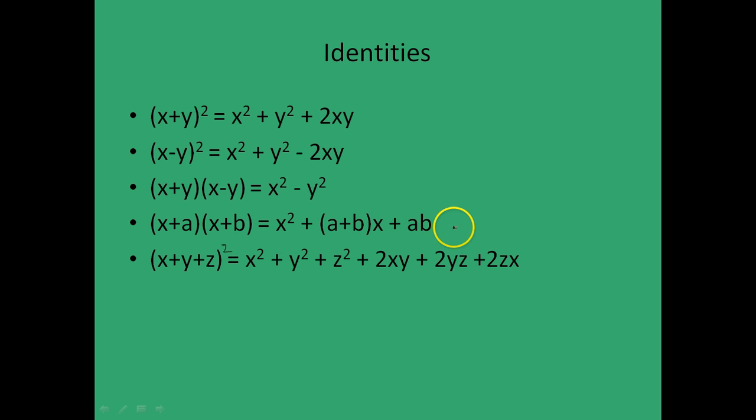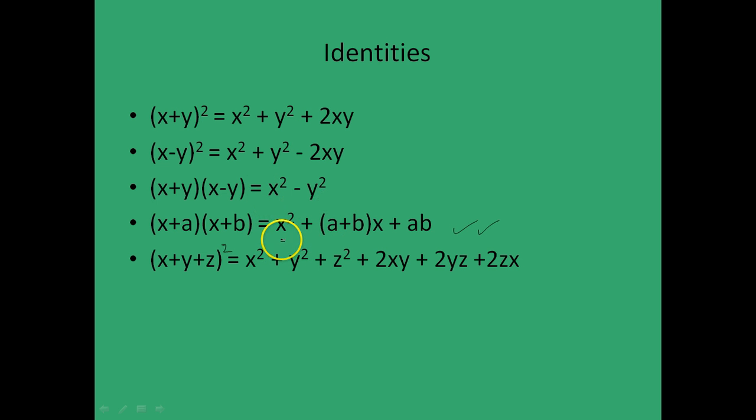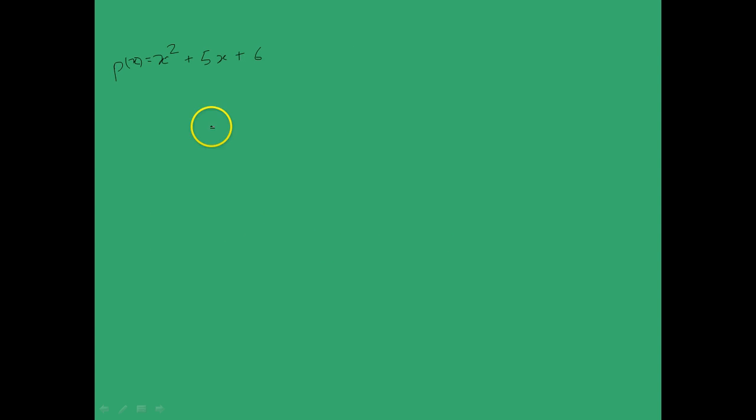We will look at factorization using this identity in particular. Let's consider the polynomial p(x) is equal to x square plus 5x plus 6. Remember, this is the one we checked a factor for while we were discussing the factor theorem. So let's look at factorization using this identity.